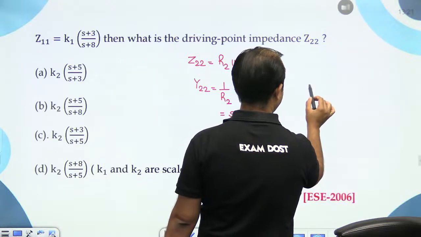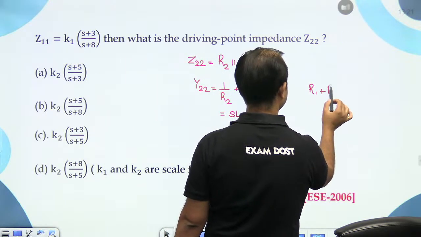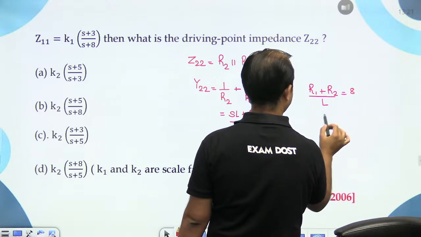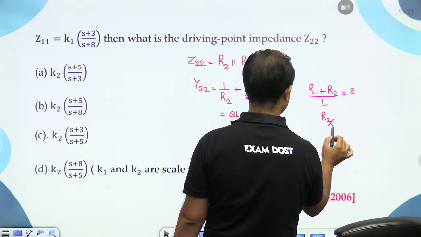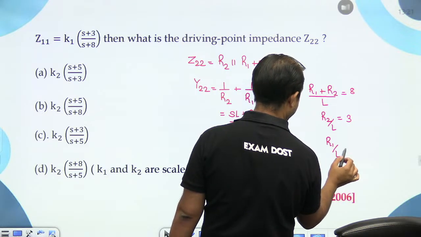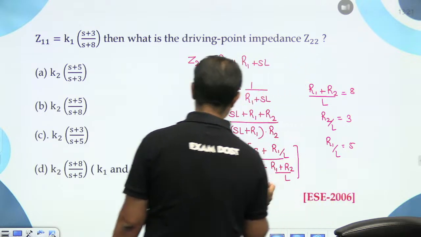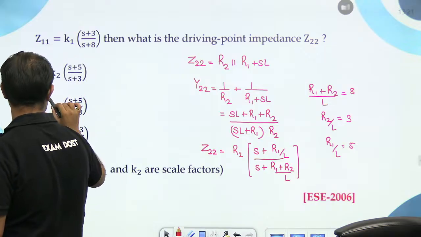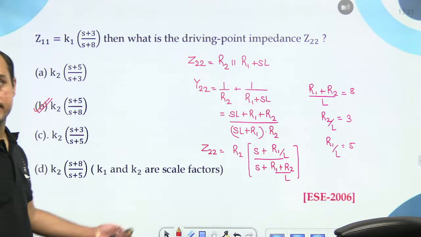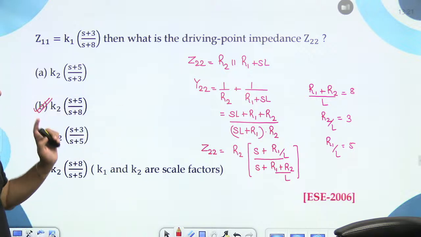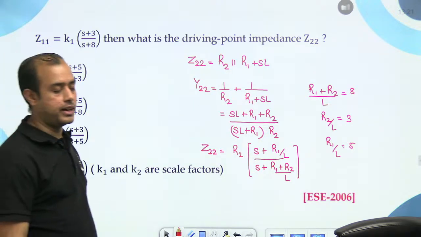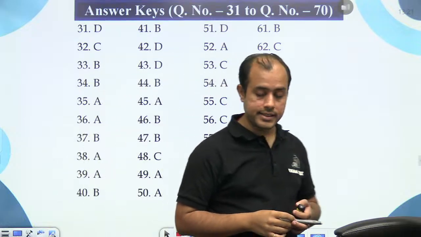R1 plus R2 by L is 8 and R2 by L is 3. Subtract both. So R1 by L is 5. So K2 S plus 5 upon S plus 8. समझ में आया? तो अगर R1 plus R2 by L is 8, R2 by L is 3, so R1 by L will be 5. So that is the answer, beta.